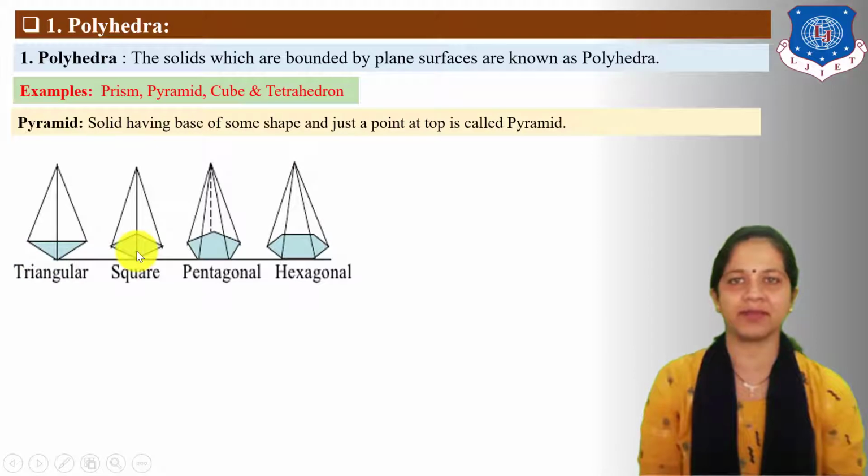This is square pyramid. The shape of base is square. This is pentagon pyramid. The shape of base is pentagon. And this is hexagon pyramid. The shape of base is hexagon. Now, pyramid has a point at top and this point is known as apex point.